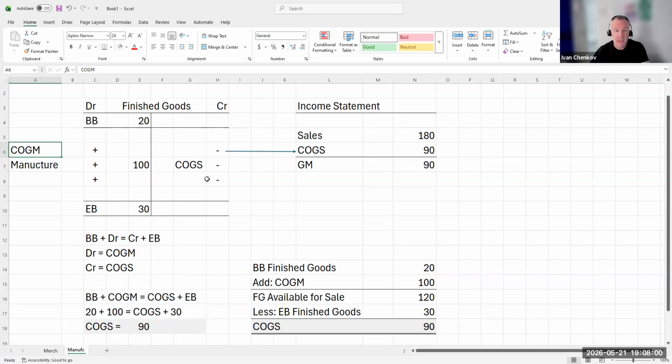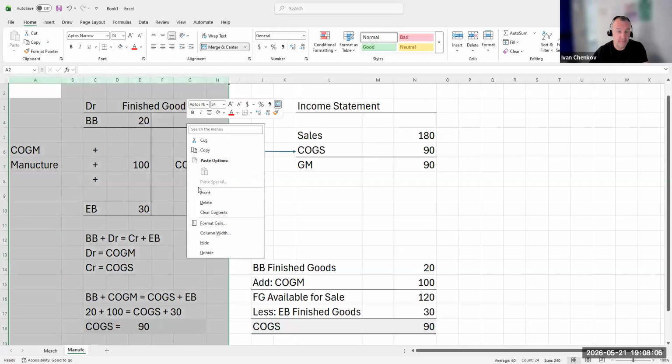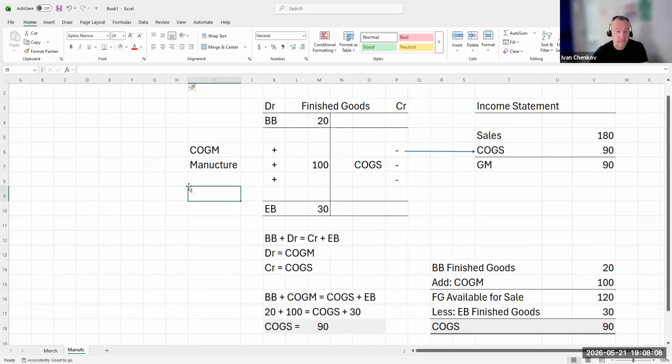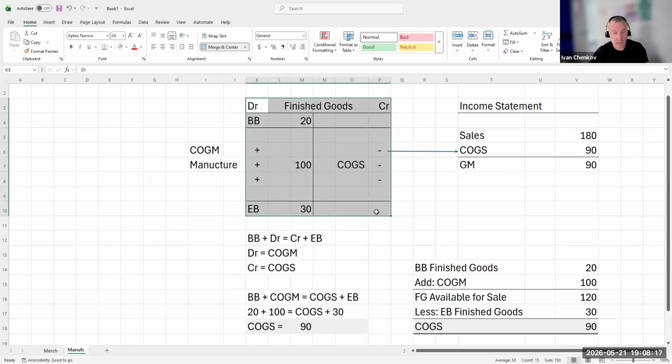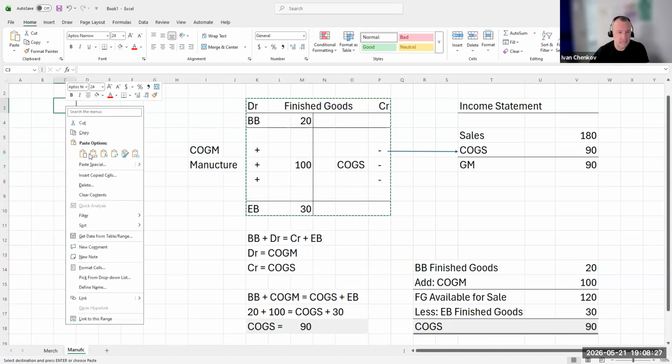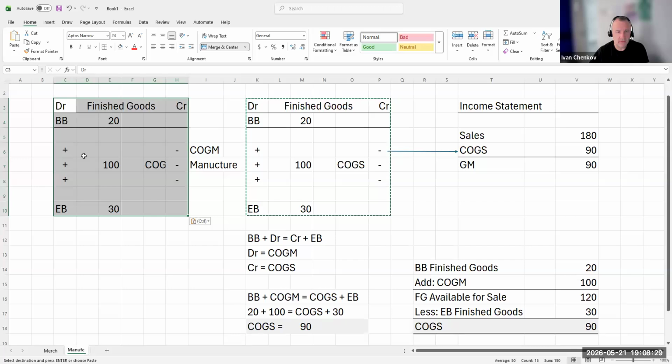So what do we have to do? Before we go to the cost of goods sold, I have to add a lot of columns. So first, I have to manufacture my products. But the manufacturing is going to come from an account, which is called... let's paste it here, see if it's going to work.